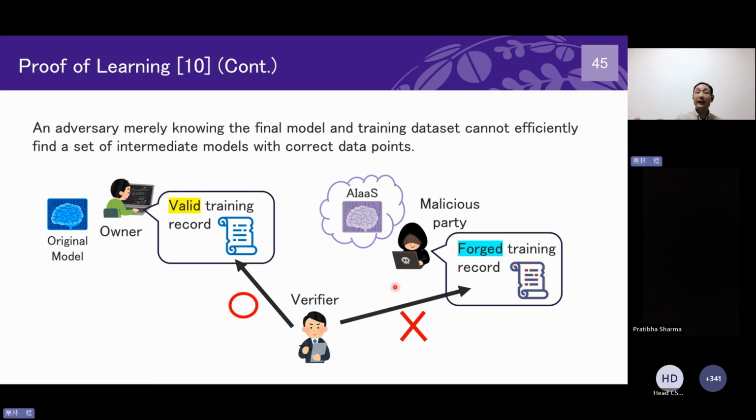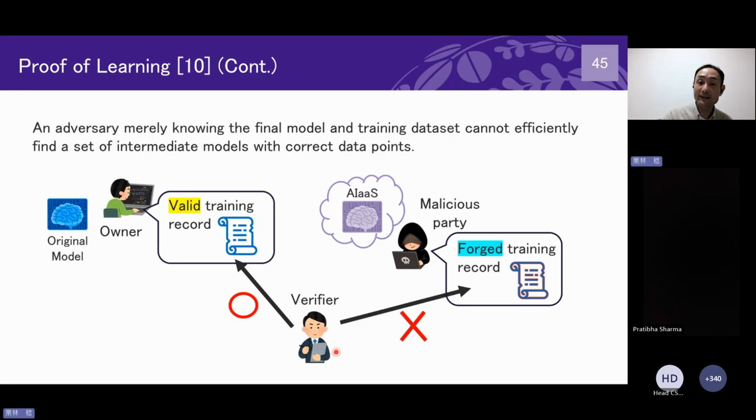This is kind of the second step. The owner convinces the verifier at the first stage. He proved the original model and the query service model are the same or similar. Then in the second step, the verifier makes a law enforcement request to reveal the model of each party.